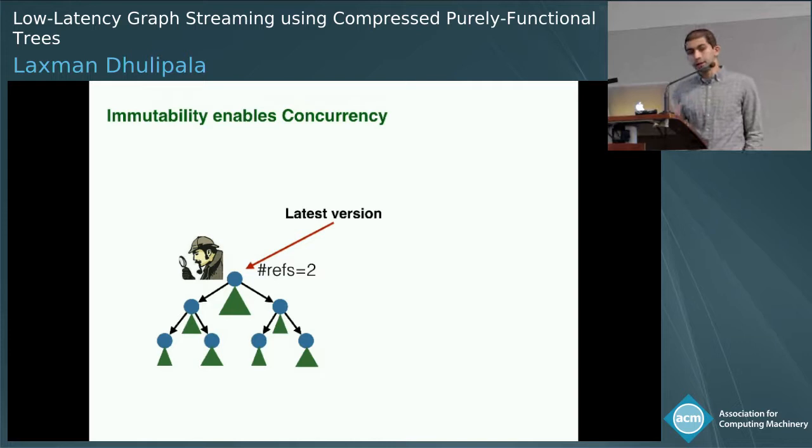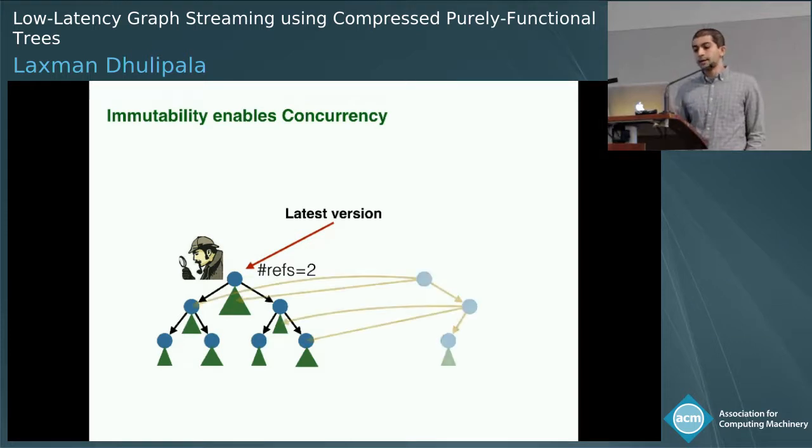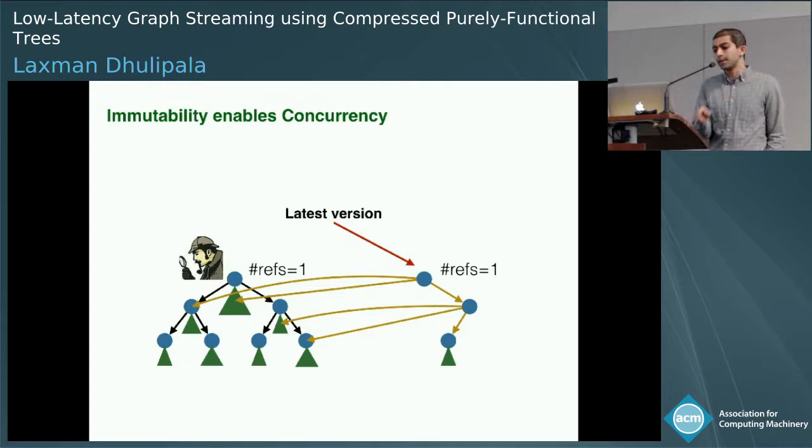Now, in the meantime, concurrently with this query, the updater could arrive and create a new copy of the graph in response to some updates. And notice that these updates are completely independent of the previous snapshot. The query running on the previous snapshot is completely oblivious to this update. Finally, once the update is done, it can swing this latest version pointer to point to the new graph, and that decrements the reference count and bumps the reference count on the new version.